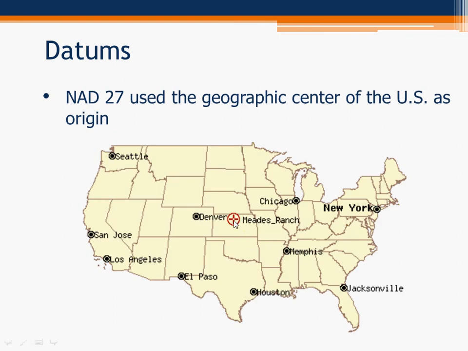And again, if you can imagine, the United States is a fairly large country. And so as we move away from Meades Ranch, Kansas, let's say we have a system for Utah or for Nevada that has an origin point here in the lower left-hand corner, that point being established by measuring from locations based on Meades Ranch, Kansas, are going to be a little less accurate.